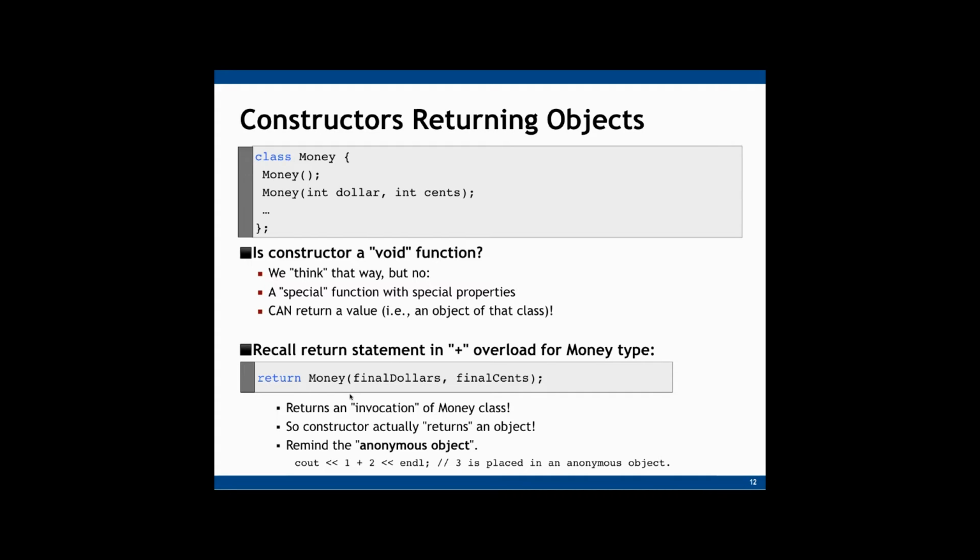So the constructor returns an object, and we call it an anonymous object because it does not have any name. We are constructing a new object by calling the constructor, but it is not named by any variable, so we call this new object an anonymous object.